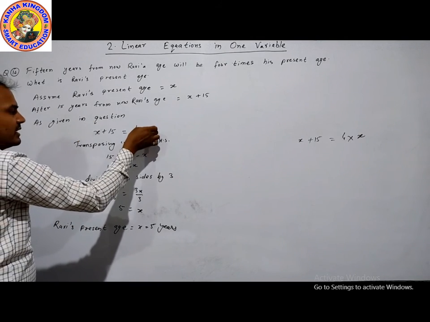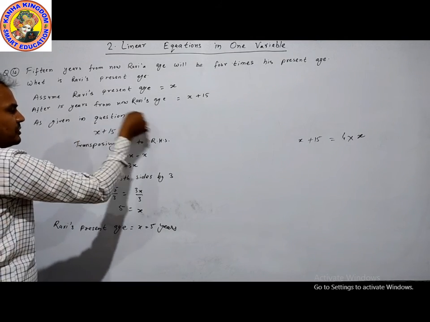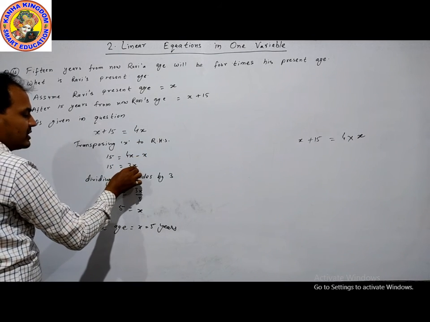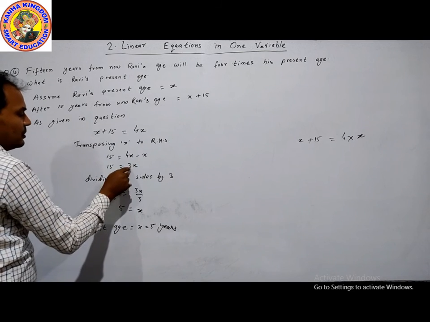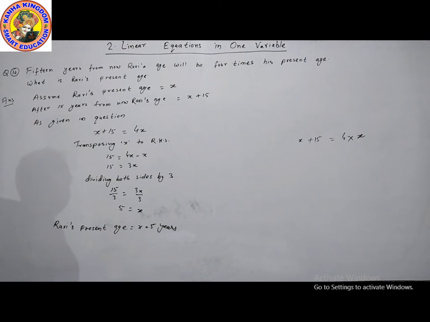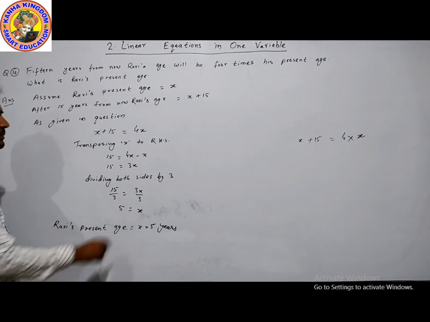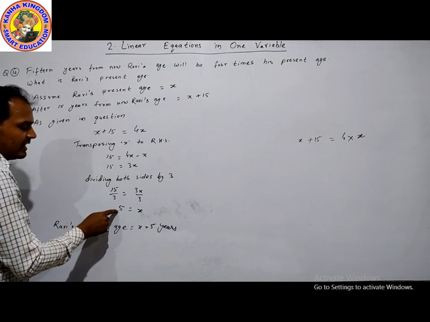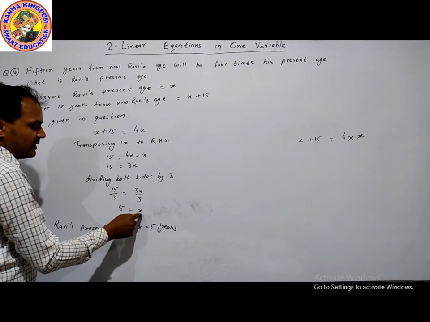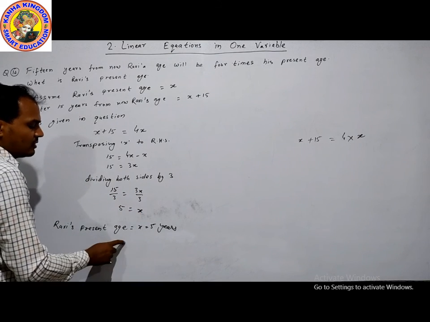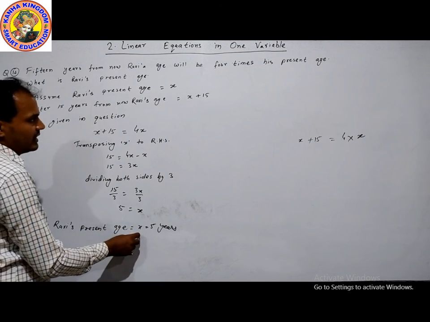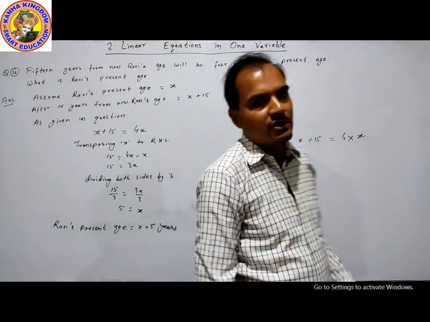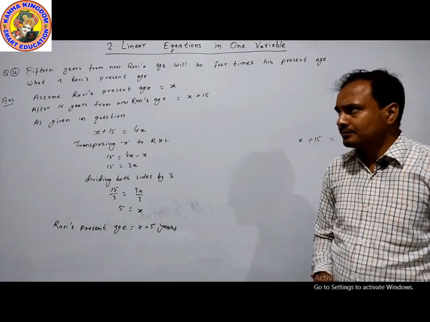Now transpose x to the right hand side. This is positive, so it moves to the other side as negative. 4 minus 1 is 3, 3 times x. Now we will remove 3 from here, so we will divide both sides by 3. Dividing 15 by 3 we get 5. 3 and 3 cancel out, we get x. So the present age of Ravi is x, x is equal to 5 years. So the answer is 5 years.